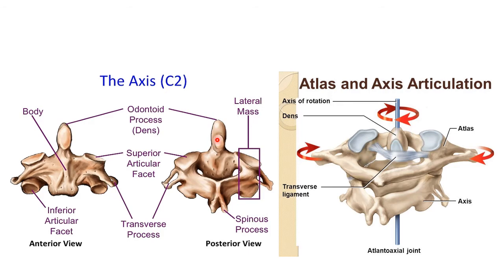This odontoid process is a strong tooth-like process which projects upward from the upper part of the body. This is the body, and it is projecting upward from the body. This odontoid process actually belongs to the first cervical vertebra, that is atlas.